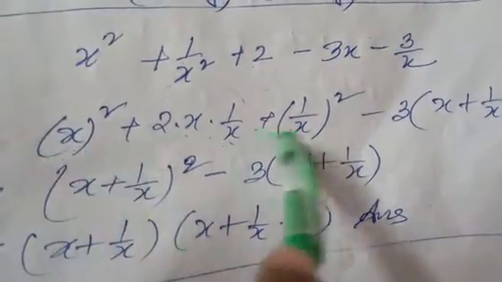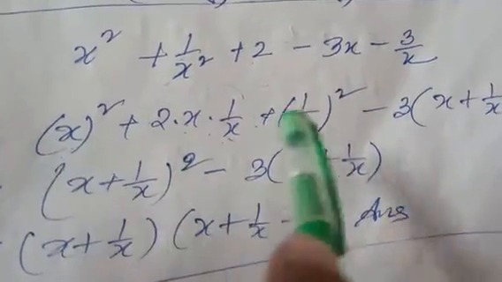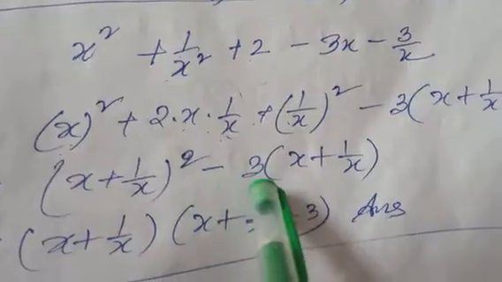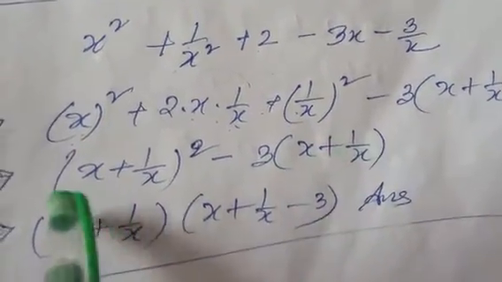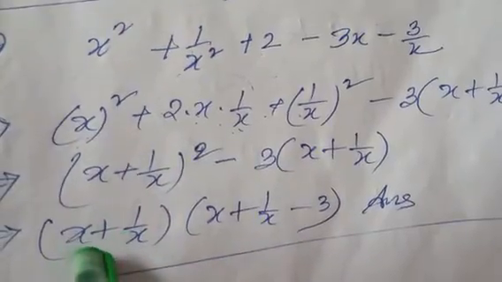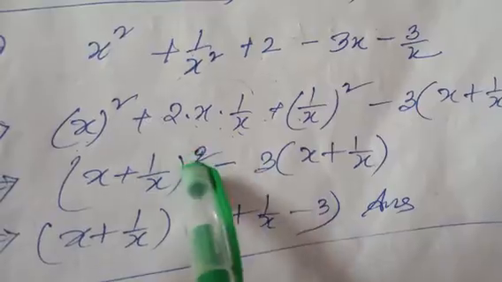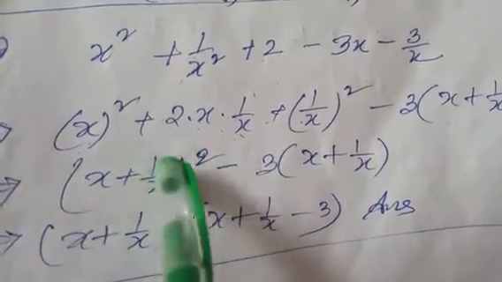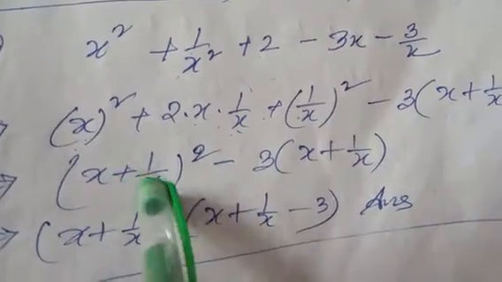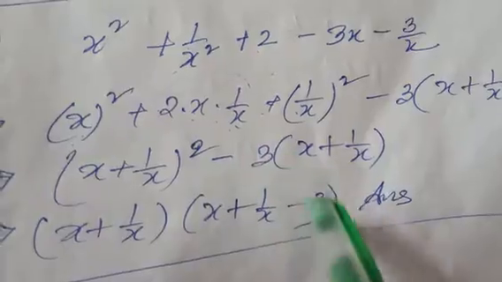So these three form a plus b whole square, where a is x and b is 1 by x, x plus 1 by x whole square, minus 3 into x plus 1 by x. From these two we take x plus 1 by x as common. So when we take common x plus 1 by x, there is still 1 remaining, x plus 1 by x, and here minus 3. Okay.